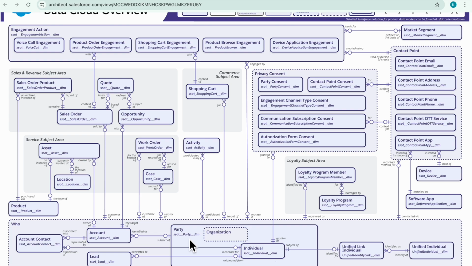Party is nothing but an individual or an organization, and whenever the data is getting mapped, the data sources are connected to Data Cloud, and the connected sources are connected to DMOs, then these connections will happen.